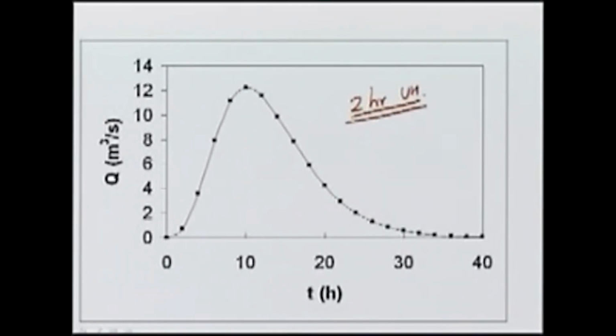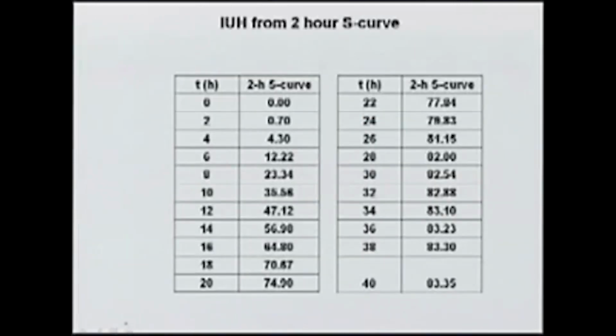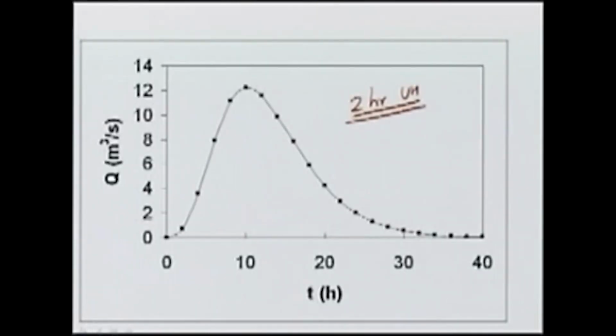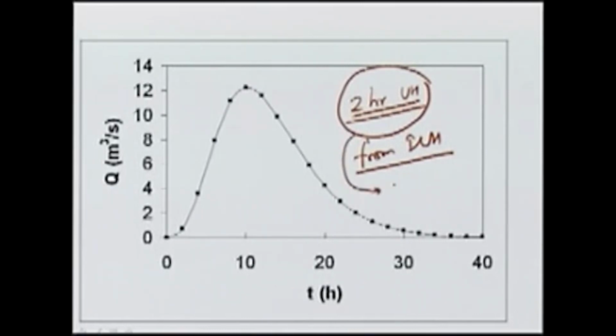Now, once the 2-hour unit hydrograph is available to us, we can use this to obtain the S curve. Suppose this 2-hour unit hydrograph is available to us, this can be obtained from an IUH, or it can be obtained directly if we have a gauged basin.